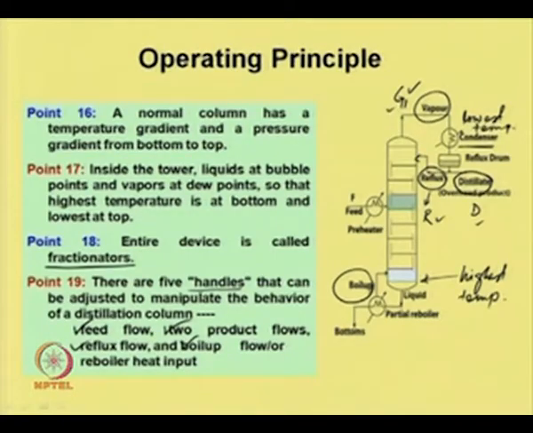Let us see the figure where we designate this as D and the composition is xD, and the vapor which is coming out is G, and the bottom which is coming out is W, and xW its composition. The liquid above the feed tray is L and below the feed tray is L bar.